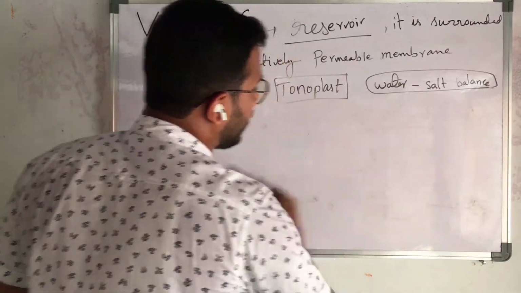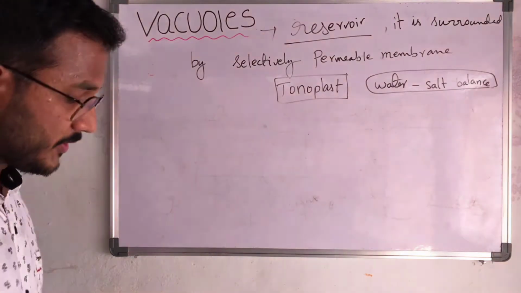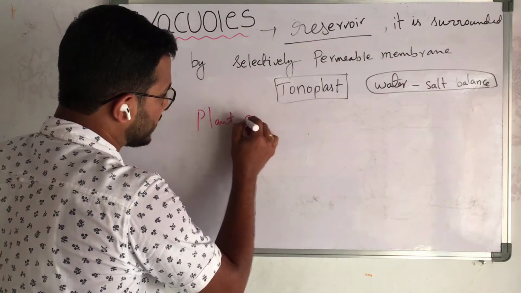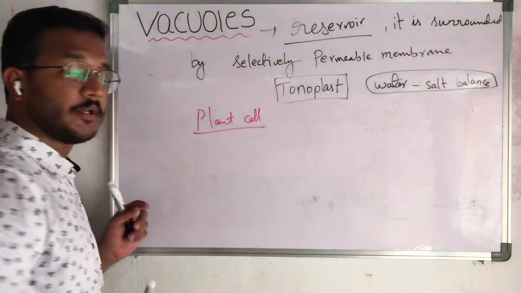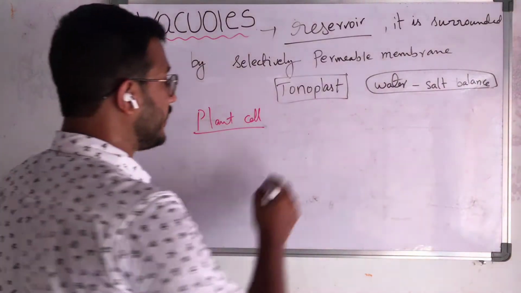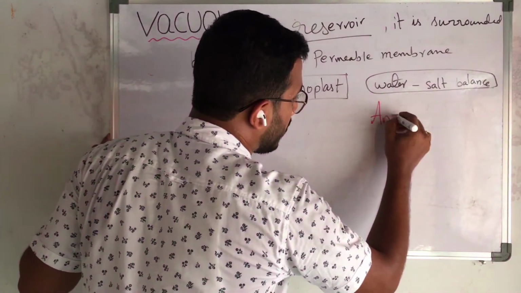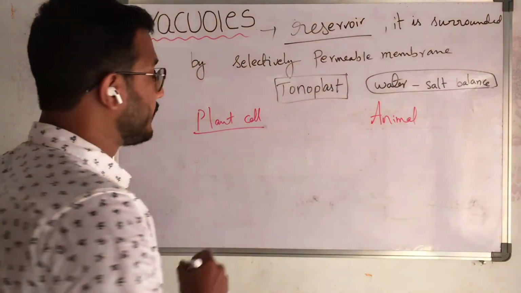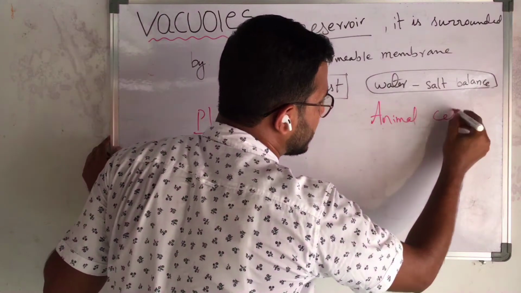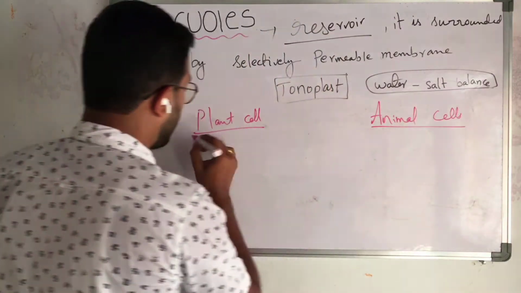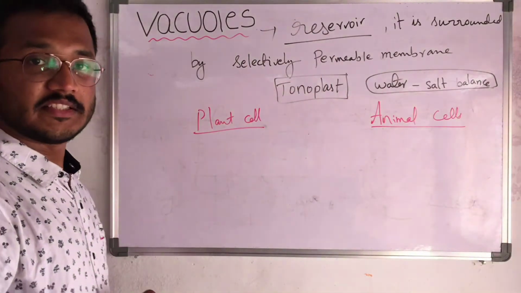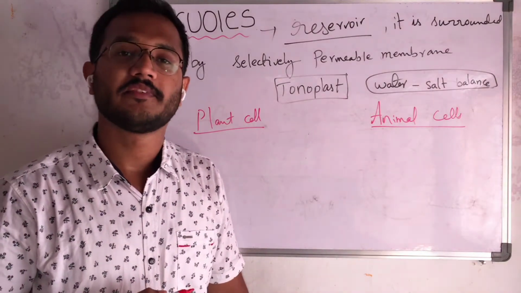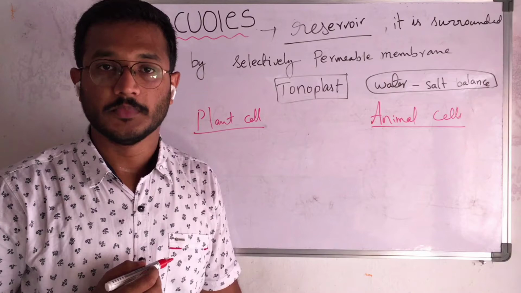Mainly now we have to compare the vacuoles present in plant cells and animal cells. These are higher kingdoms in the five kingdom classification. So now we compare the structure and function of vacuoles in plant and animal cells. As we discussed in the first video, I had mentioned the differences between the vacuole of a plant cell and an animal cell.